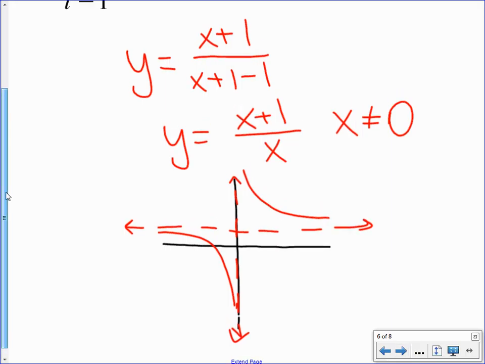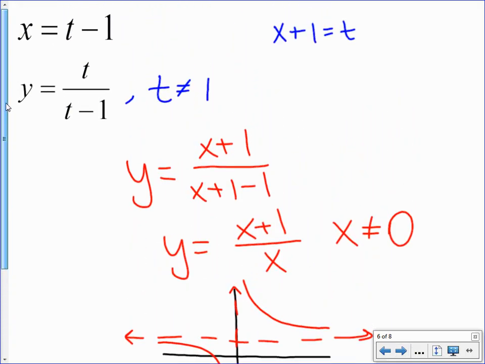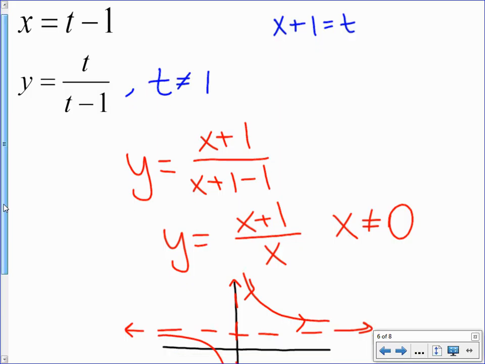Okay, go back to the original. We know we cannot plug in t is 1. What happens when we plug in t is 2? We get (1, 2), which is there. And then if we plug in 3, we would get (2, 3/2). So that curve is going that way. Okay.